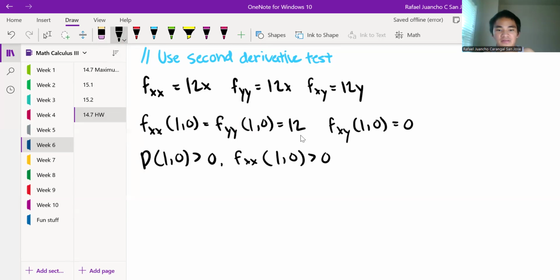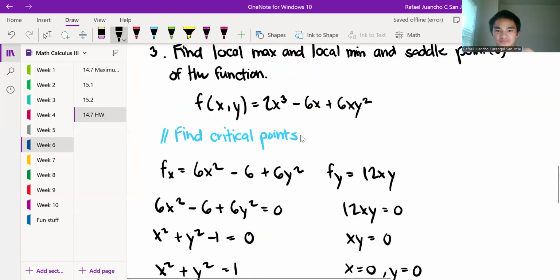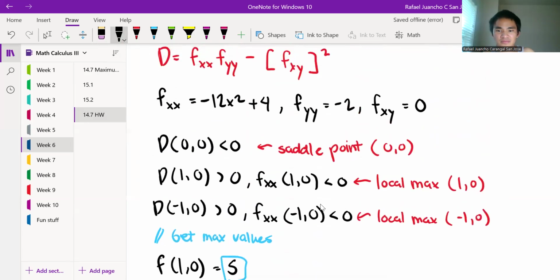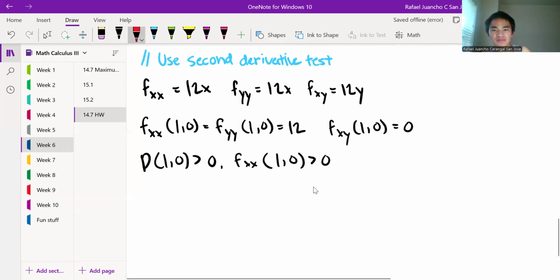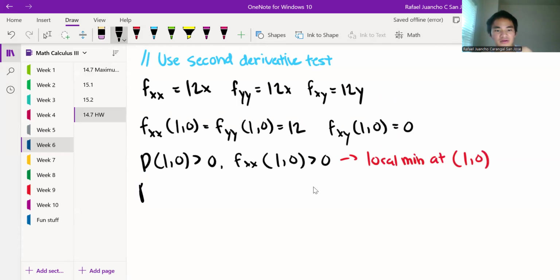If they're both greater than 0, it's a local min, right? So this is a local minimum at 1, 0.